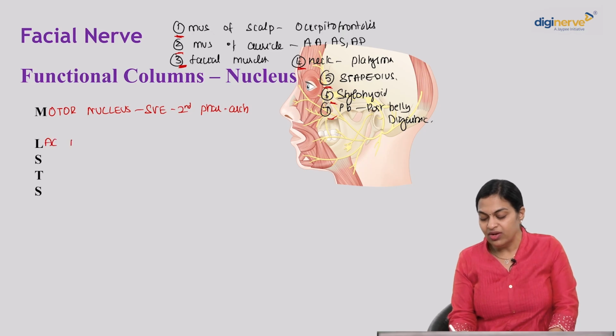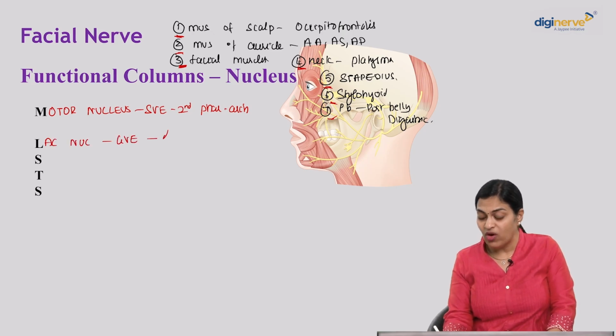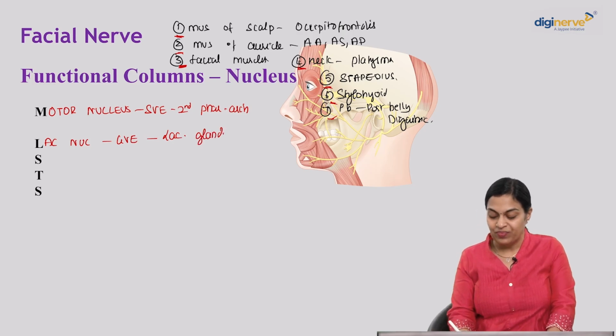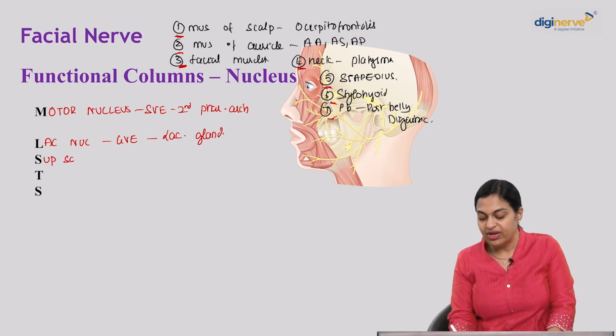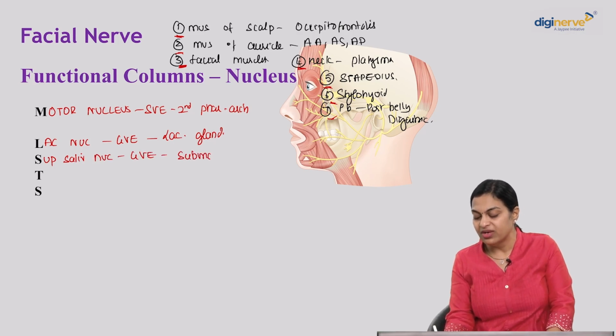The lacrimatory nucleus of facial nerve under the general visceral efferent column, we saw it innervating the lacrimal gland, isn't it? The superior salivatory nucleus, again under the general visceral efferent column, innervating the submandibular and sublingual salivary gland.